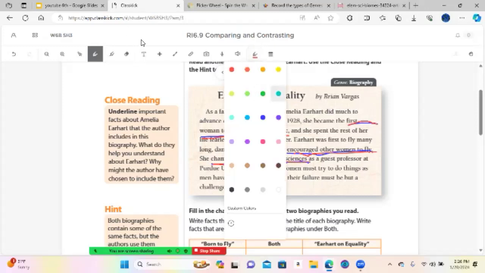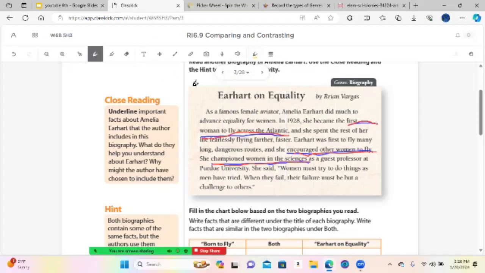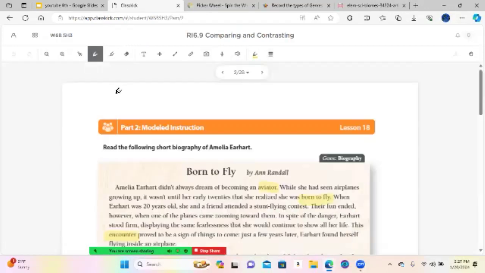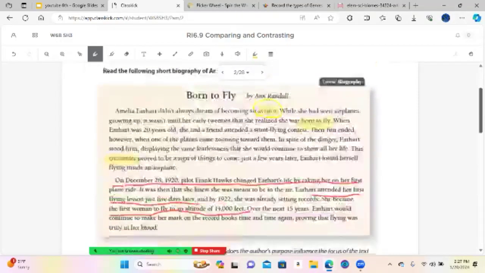So let's look at similarities now. We know that in both stories it mentioned that she was an aviator. She was a female aviator. Also, let's see, she showed fearlessness.